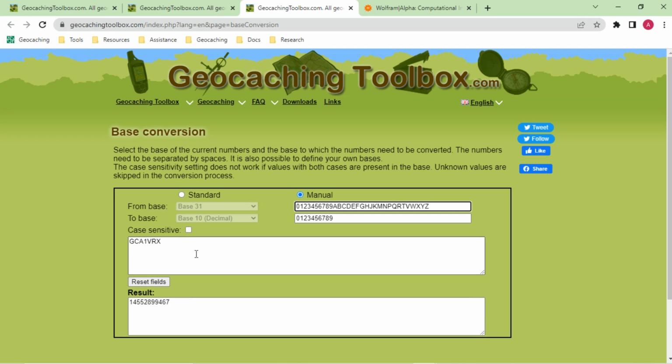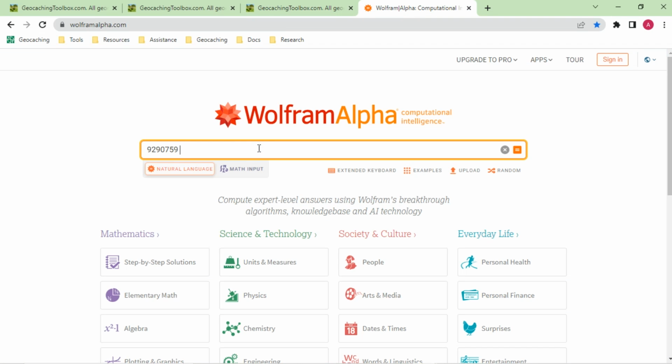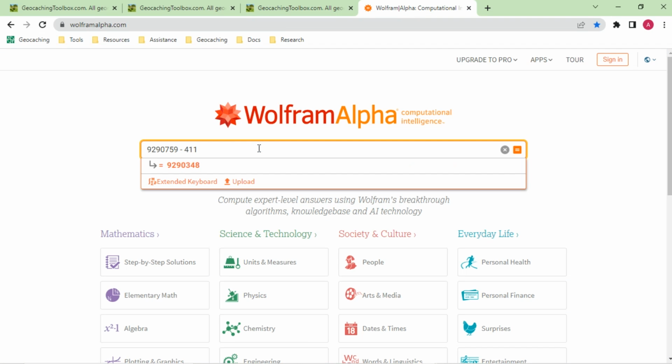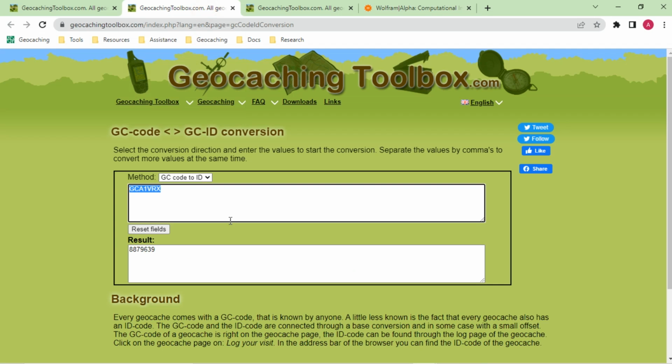And this was a base 31, but of course without the GC part, right? The standard. And we get here a number, and this is the number of which we have to subtract the 411120, and now we get that 8879639 back. And so you see that it was the number that we had generated earlier.